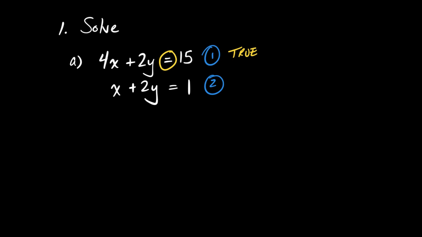And so what you have in equation 1 is a relationship between x and y, where when we multiply x by 4, multiply y by 2, and add them together, we always get 15. You've been given that. It is a statement that is true.